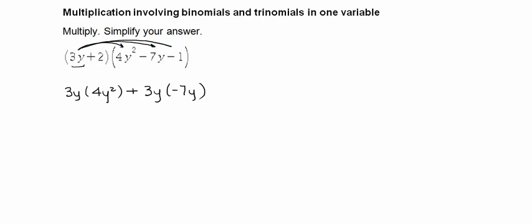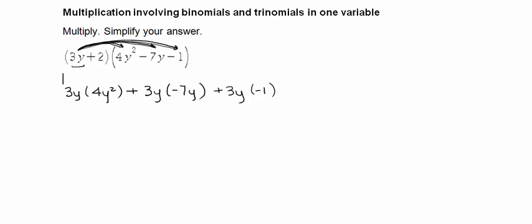And then my last one is plus 3y times a negative 1. And so if you notice this, what I'm doing is I'm distributing that first term to each term in the second polynomial. So now I've done all my 3y's.